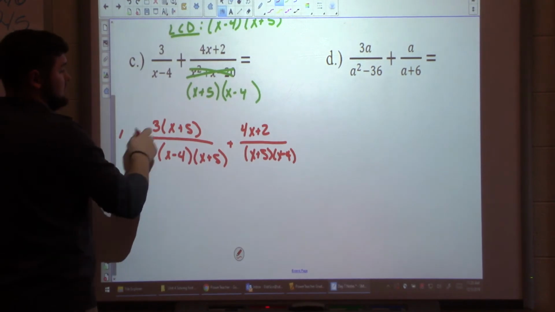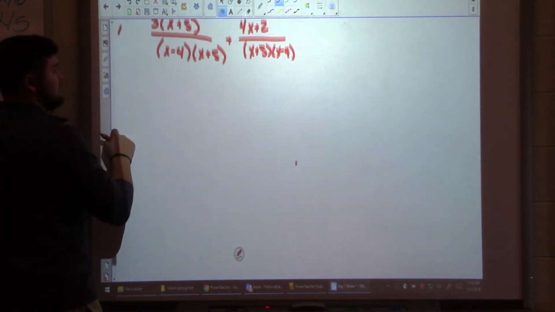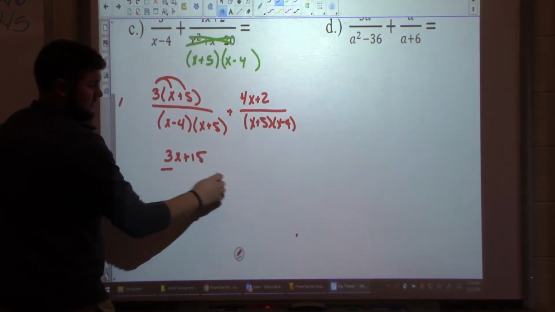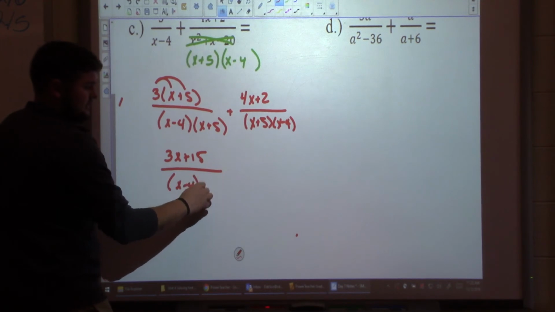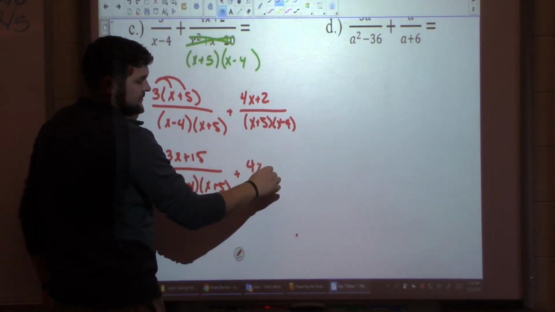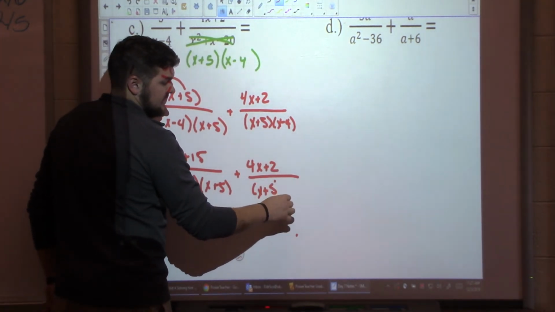Alright, so same thing, distribute first. 3x plus 15 over the common denominator, plus 4x plus 2 over the common denominator.